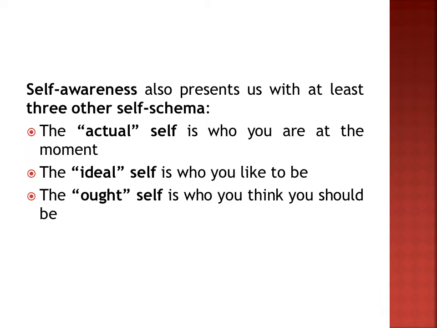Now let's go to the ideal self. This is who you like to be. So if you have an idol or a leader that inspires you and you want to become just like him or her, that is your ideal self.